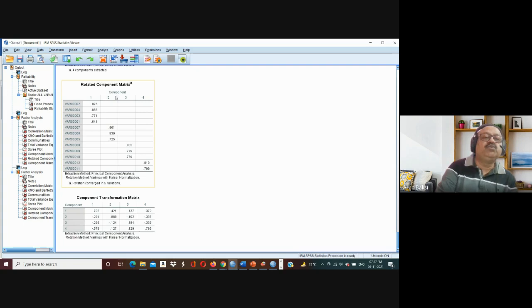Again, in component 2, you will find variable 7, variable 6, and variable 5. These 3 variables were included. So study these three variables, what they actually mean to say, what they intend to capture, and based on that, find a suitable name.